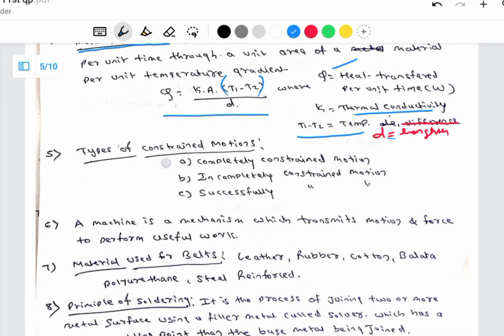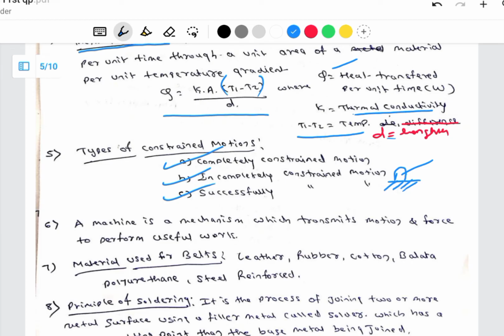Next, the types of constrained motion. There are different types: completely constrained motion, incompletely constrained motion, and successfully constrained motion. You just need to write these types. Completely constrained means there will be one link, or a beam, engine and all, fixed completely.